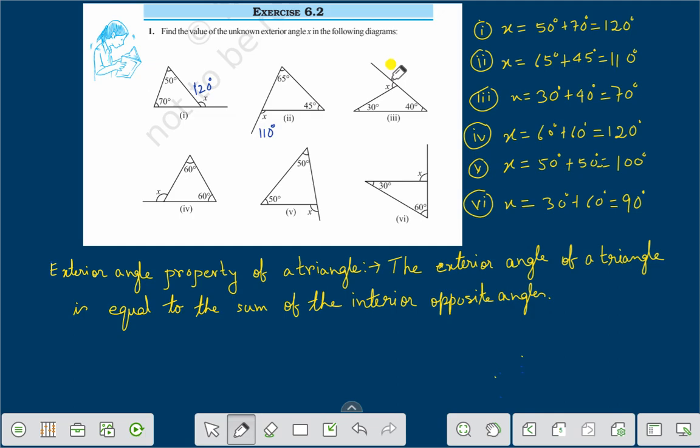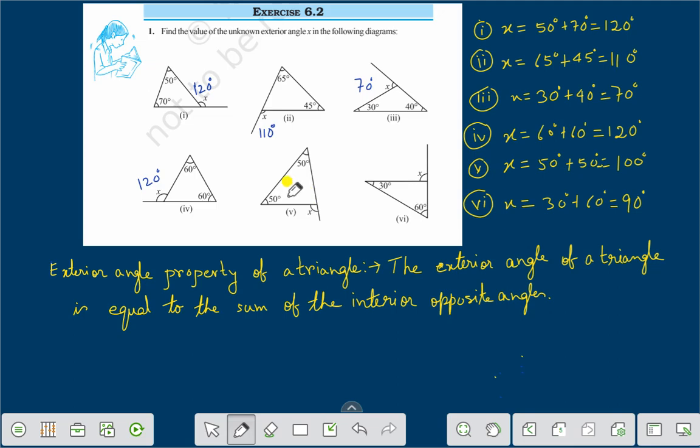In figure 3, you see this x is the exterior angle and angle 30 and angle 40 are the interior opposite angles. Therefore, x can be written as 30 plus 40, that is 70 degree. And in figure 4 you see this x is the exterior angle and this 60 degree and this 60 degree are the interior opposite angles. Therefore, the exterior angle is equal to the sum of the interior opposite angles, that is 60 plus 60, that is 120 degree.